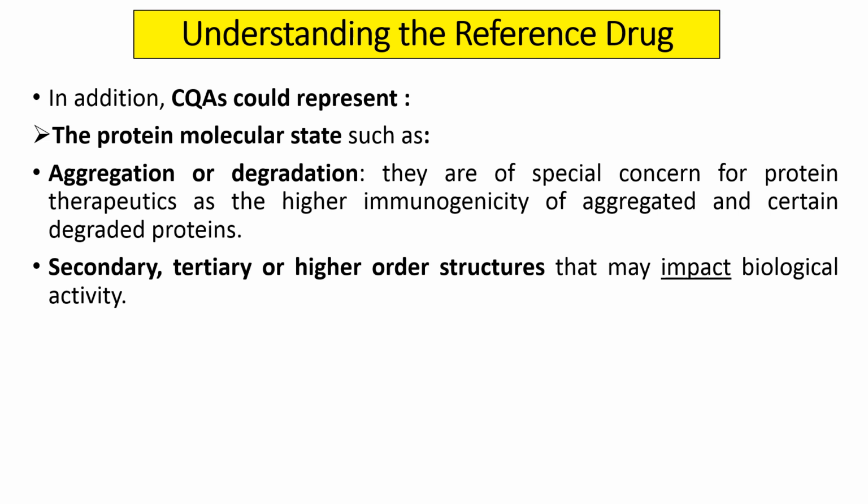This is not acceptable and is undesirable in biosimilar development. And also, from the molecular state of the protein we could know the secondary, the tertiary, or the higher order structure. Again, it is important because it will have an impact on the biological activity of the biosimilar.